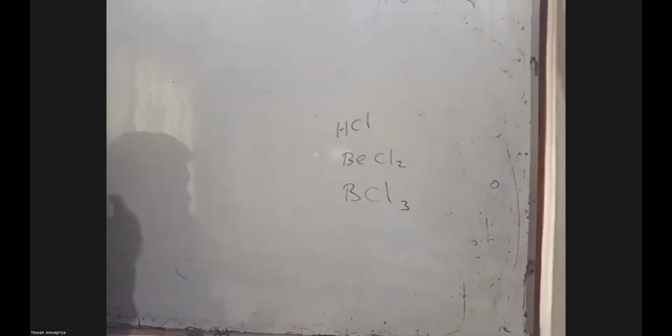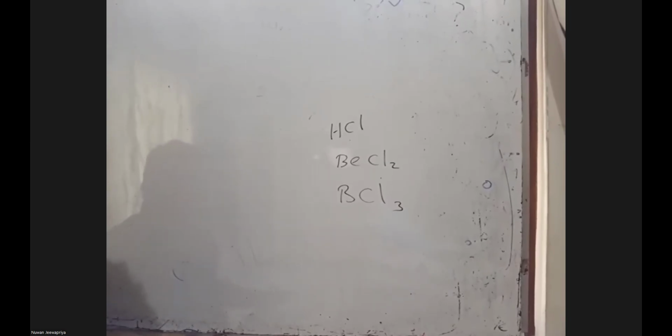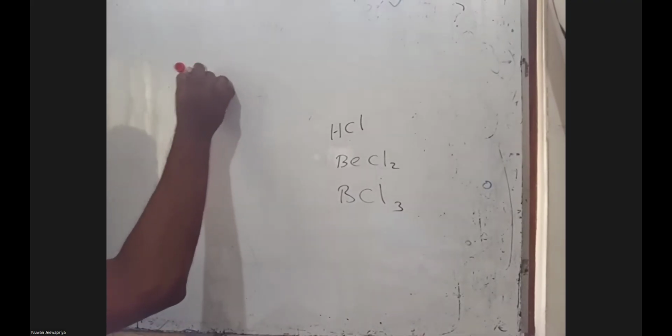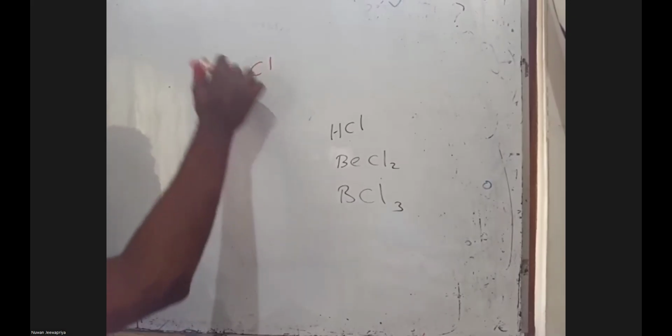These are the 3 molecules, HCl, beryllium chloride, and BCl3. Right. Considering the HCl molecule, hydrogen is less electronegative, chlorine is more electronegative.